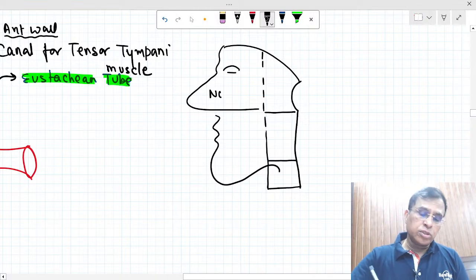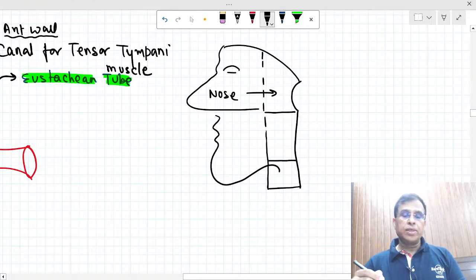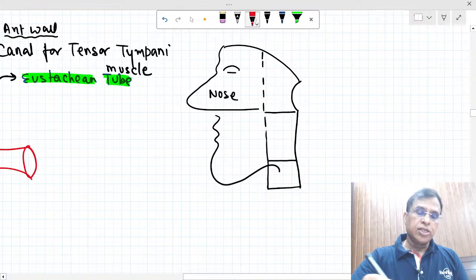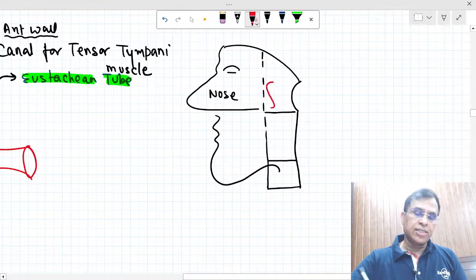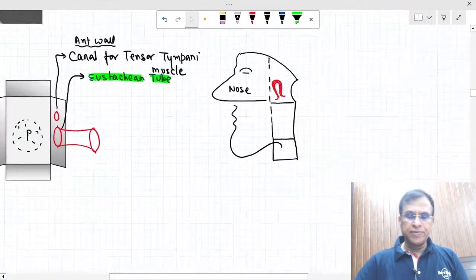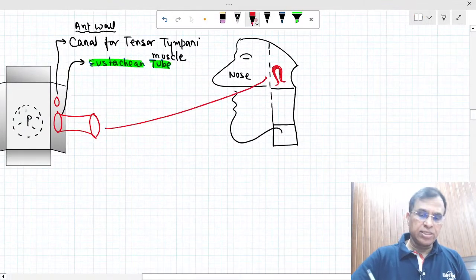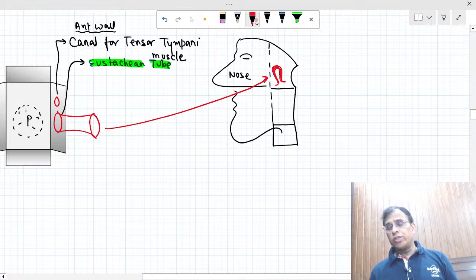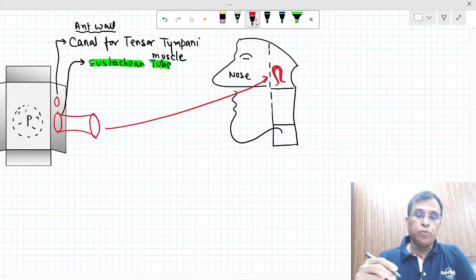And this is the nose, we all know, and behind the nose is the nasopharynx. If you look into the nasopharynx, you will see the Eustachian tube opening drawn like this. This is how we draw the opening of the Eustachian tube in the nasopharynx. So this end is actually this end. When you look into the nasopharynx, you can see the Eustachian tube like this.